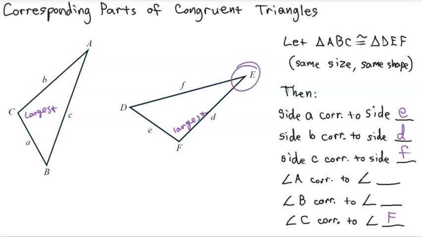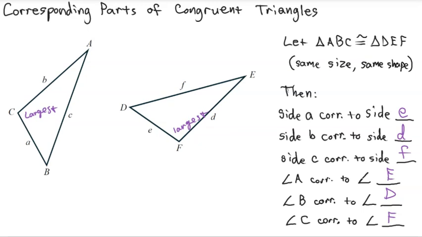Now let's compare angle E and angle D. It looks to me like angle D is larger than angle E, and it looks like angle A is smaller than angle B. So A is the smallest and E is the smallest. So angle A corresponds to angle E. And angle B right here, which is the middle angle, corresponds to the middle angle, angle D. And that's how we identify corresponding sides of congruent triangles.